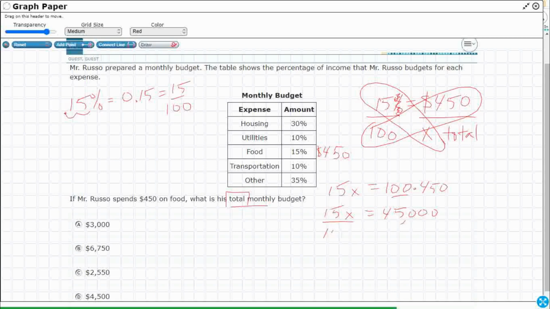So in order to isolate the x, I need to divide both sides by 15. All right, so 15 goes into 45,000. So 15 goes into 45 3 times evenly.